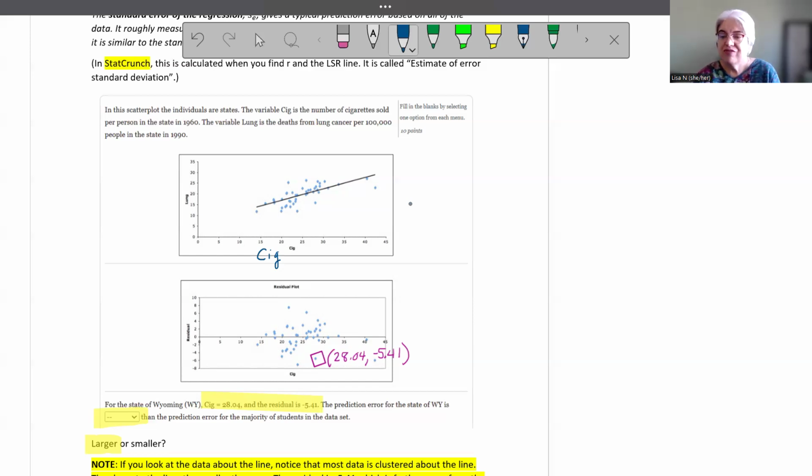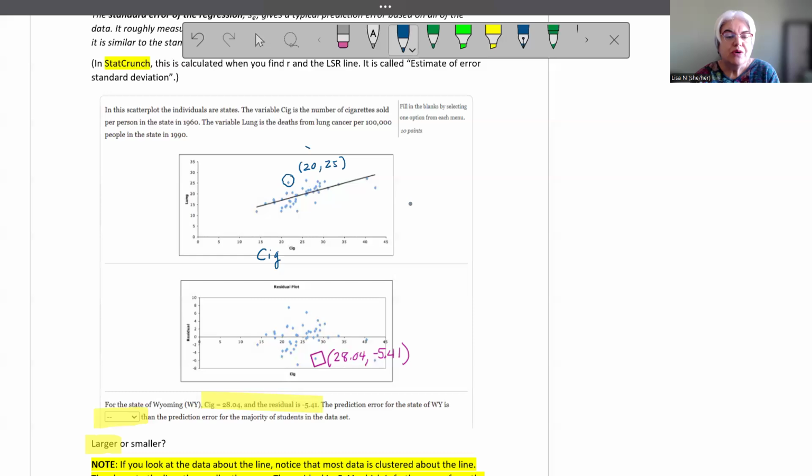Let's pick a point just so we can make sure we understand this graph. This point here is approximately 29. No, that's about 20, sorry, 20 to 25.